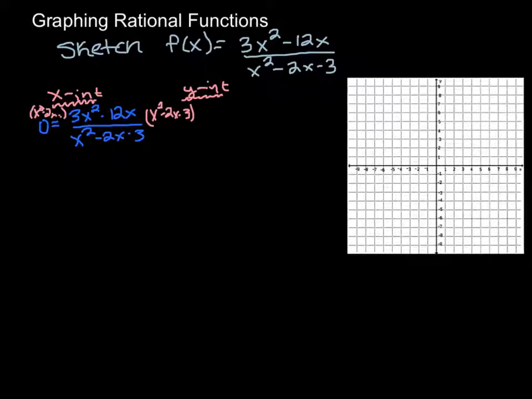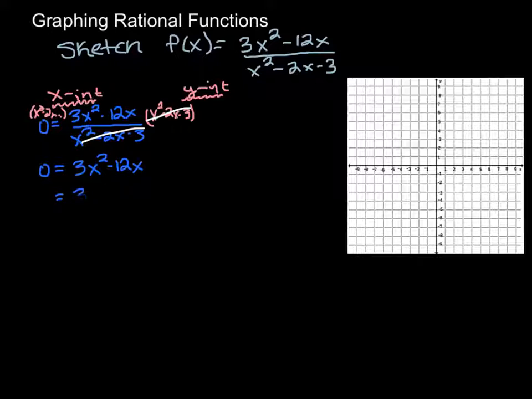Now, 0 times anything is going to be 0, and these would cancel out. I'm left with 0 equals 3x squared minus 12x.